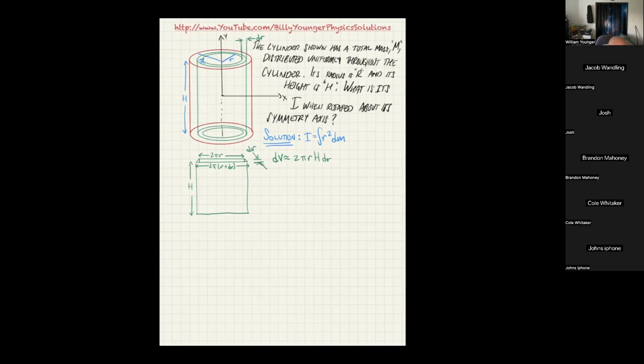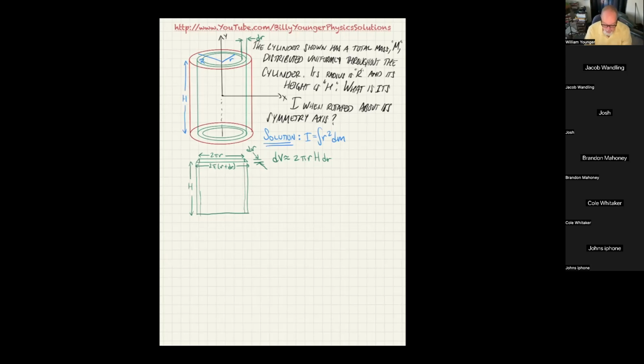If you cut that little triangle off, which is actually a triangular prism, because it's going to go all the way down on this side and all the way down on this side, it would leave a perfectly rectangular shape, the width of which is 2 pi r, the thickness of which is dr, and the height of which is h. So you get 2 pi r times h times dr.